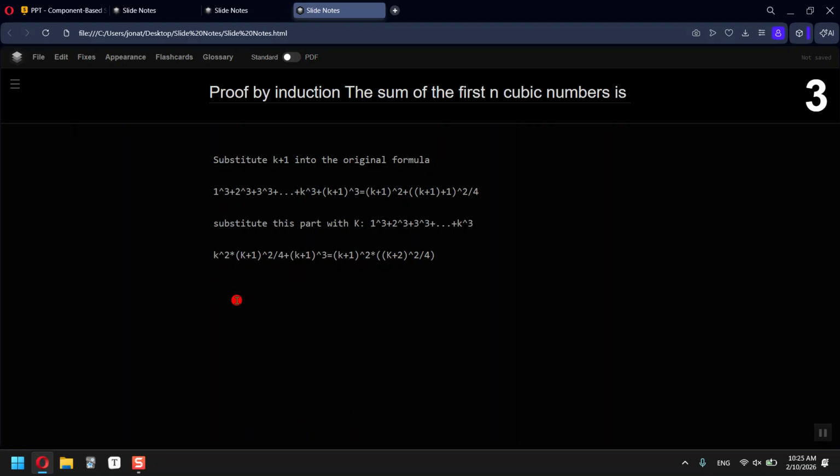So I'm going to be working on this side. We just leave this as is. So the form that we want to reach is k plus 1 squared times k plus 2 squared divided by 4. Okay.